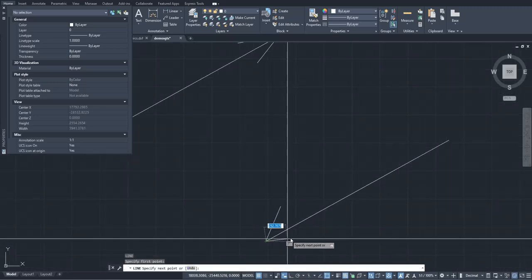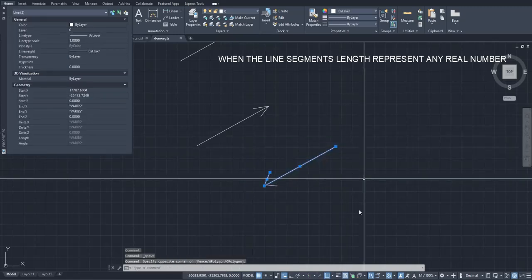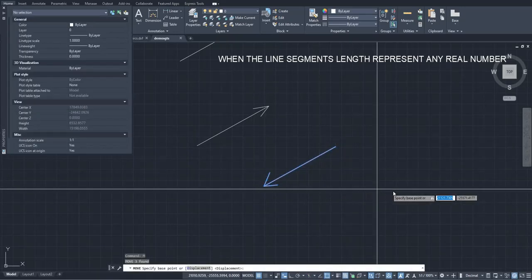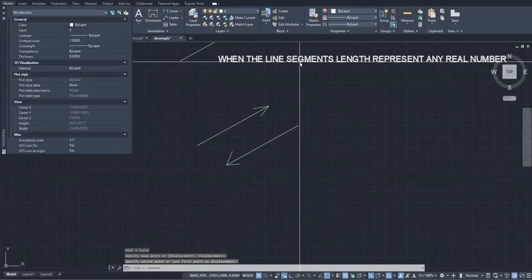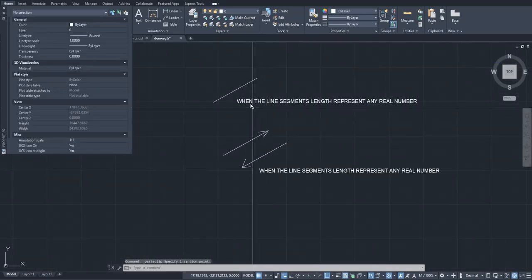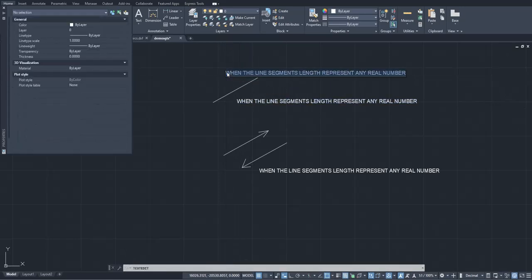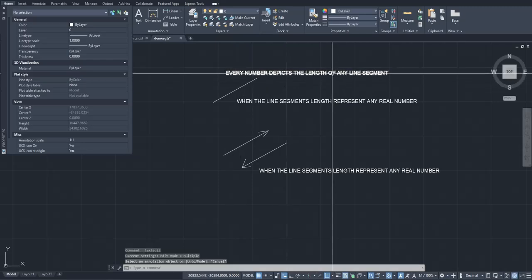So every number is representable as two vectors. Actually, every number is two vectors. Every number has a line segment. Every number is a line segment, and that line segment depicts the length of any single line segment.